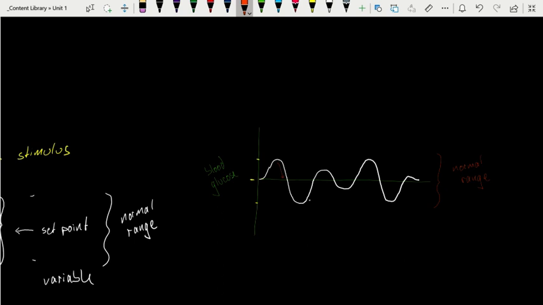I would see negative feedback here, going back to set point. Negative feedback here, going back to set point, and here, and here, and here. All of these represent examples of negative feedback as the body is making adjustments to go back to set point once the variable has been disrupted.